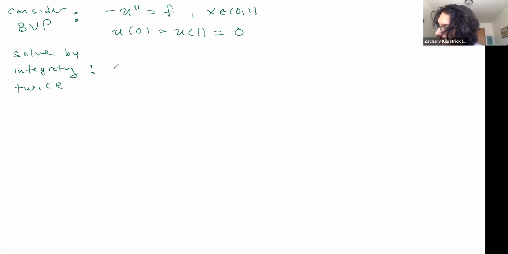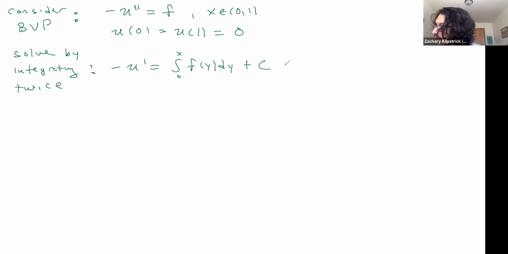So if I integrate once, then I get minus u' is equal to the integral from 0 to x of f(y) dy plus some constant, which would be my u'(0), but I won't plug that in yet.